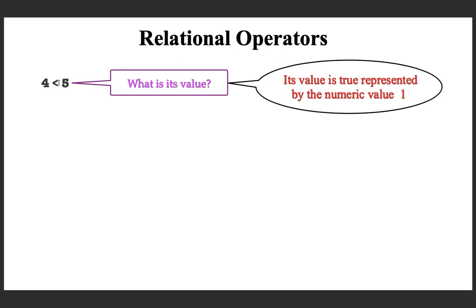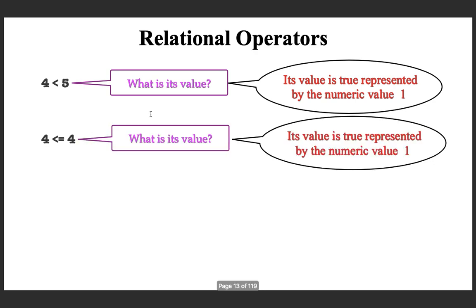So less than is a relational operator. Next example, the operator is less than or equal to. Note that it is a combination of two simple signs, less than and equal to. And we are checking whether 4 is less than or equal to 4. The expected value is again true because 4 is equal to 4.